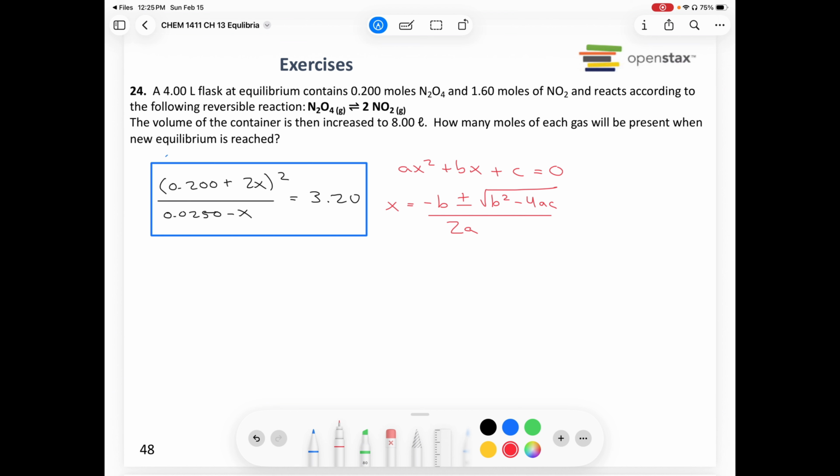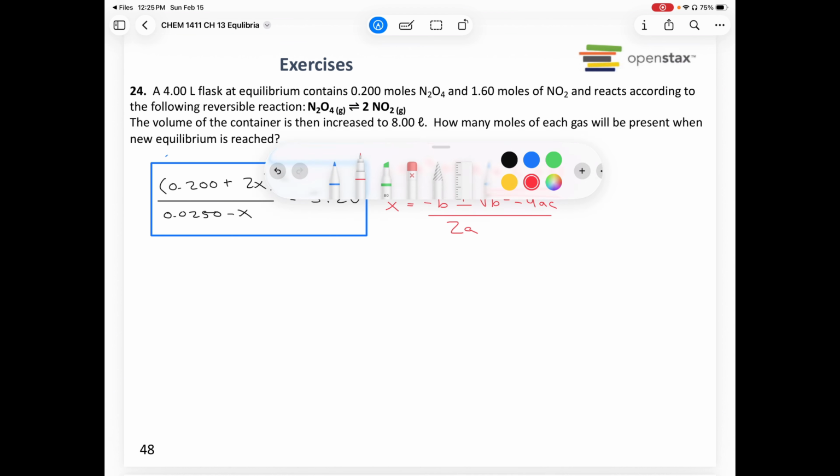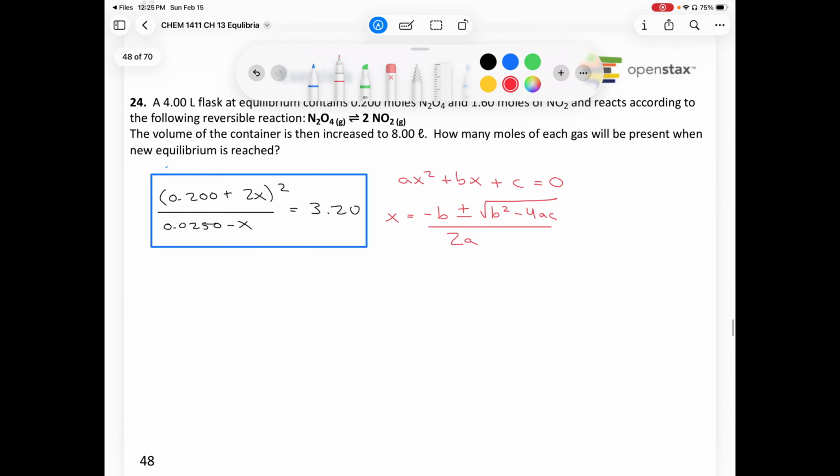Okay, so I've moved the equation over here, and I have the formula for the quadratic equation put here, and we're going to solve for x.